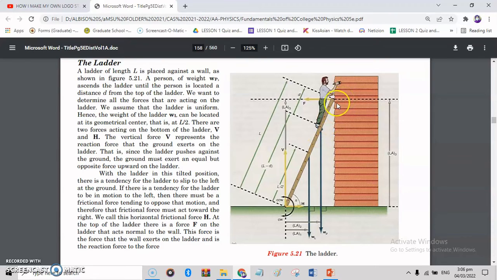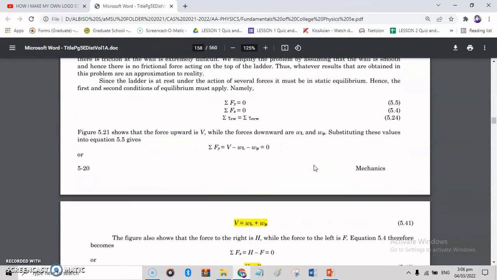Not necessarily na maganda. Importante maintindihan mo kung saan patungo yung mga ginagawa mong computation. Okay? So, since engineering ka, you need to picture out everything. All the forces and all its distances. Kahit wala na itong tao, kahit line-line na lang yan, point-point, importante ma-draw out mo.